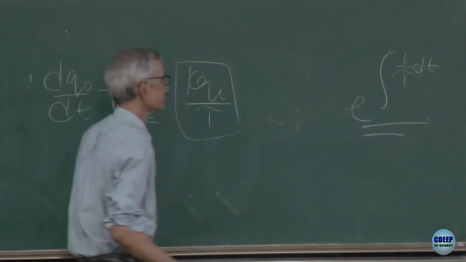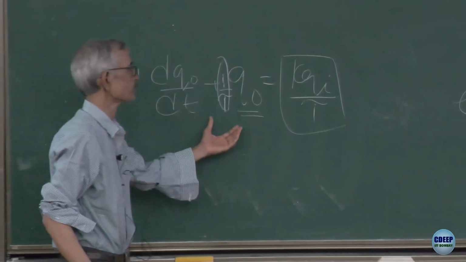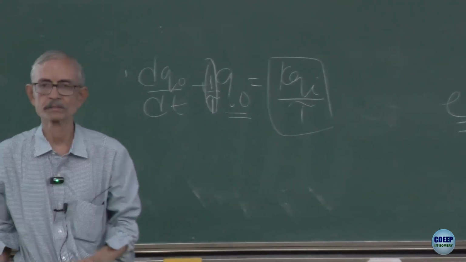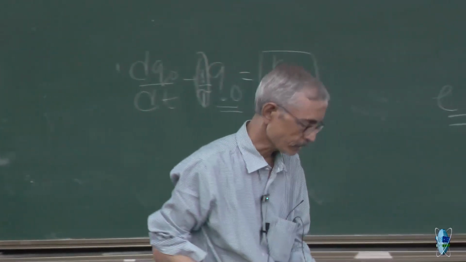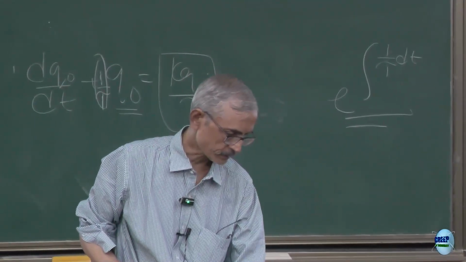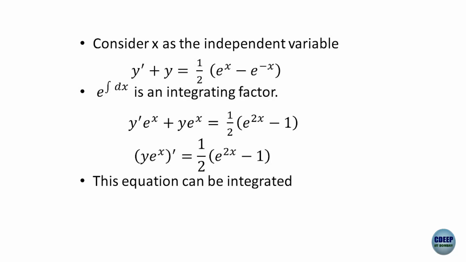If you multiply the equation by it, it becomes a total differential and you can easily integrate it. Then we looked at an example, used the integrating factor, and got a solution.